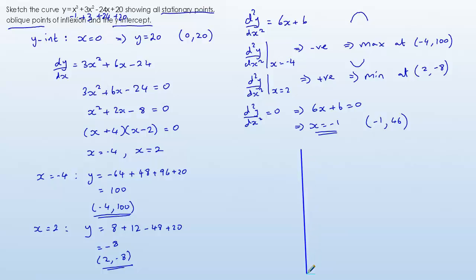So what we're going to need are some axes. Remember, this is a sketch, so it doesn't need to be to scale or anything, just needs to show the important features. So the maximum is at (-4, 100), so let's put that there.